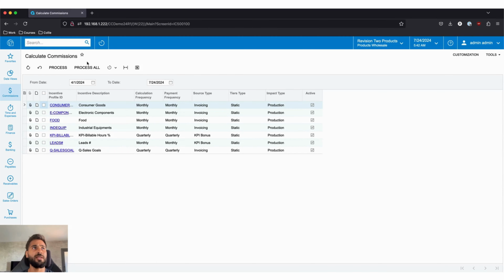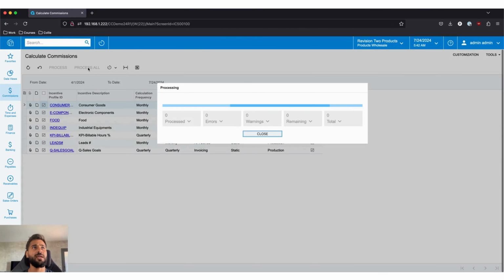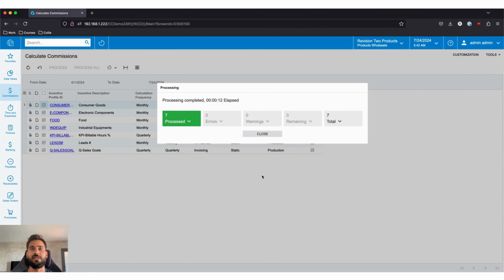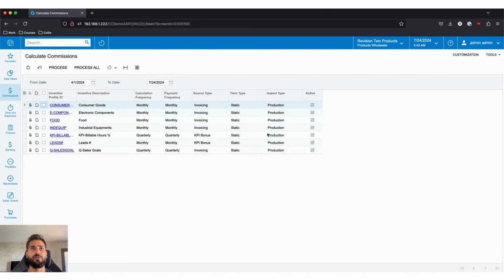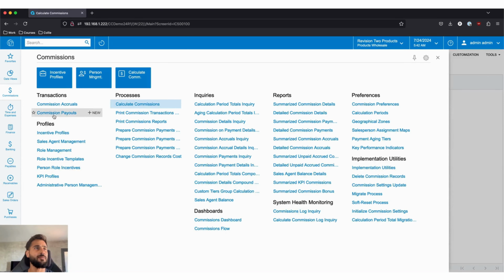So I'm going to get into the calculate commissions, and I'm going to process my commissions. Okay, this is the first step that you need to do at the time of paying your commissions in the commissions conductor. We are refreshing the data that we're going to pay. Basically, we're going to have the up-to-date data, okay?